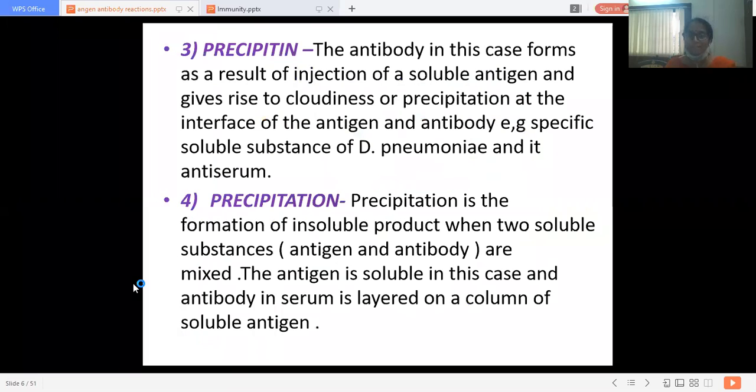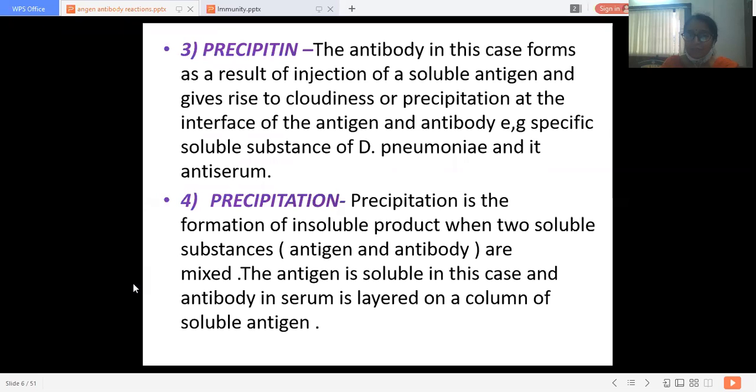Now the next reaction is precipitin. The antibody in this case forms as a result of injection of soluble antigen and gives rise to cloudiness or precipitation at the interface of antigen and antibody.